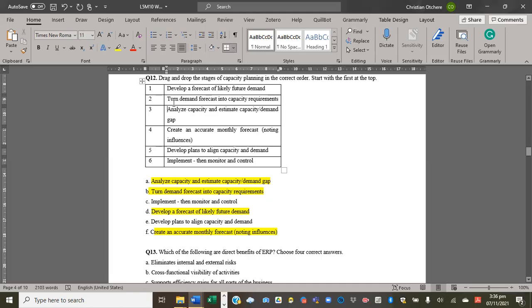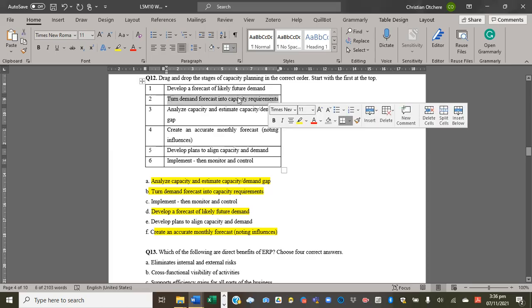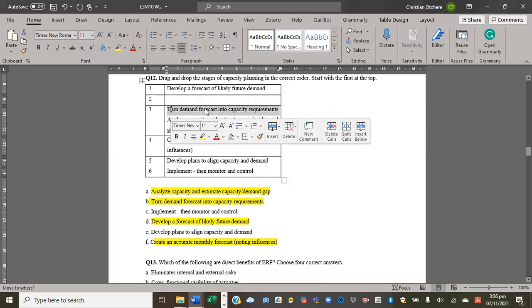Okay, so implementing is correct. Developing plans to align capacity and demand is also correct at its position. But I think the issue has to do with the second, third, and fourth. Okay, so this one should rather be here.